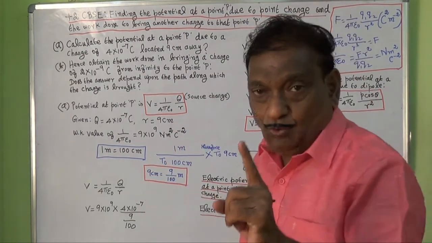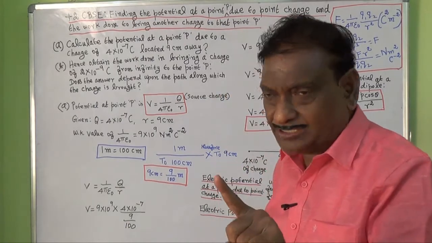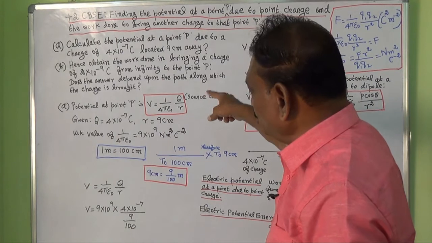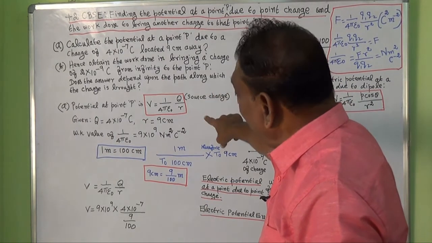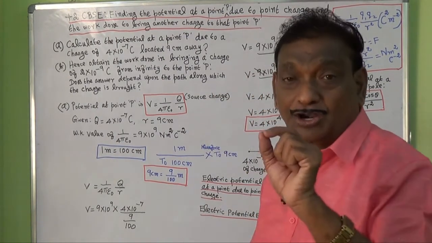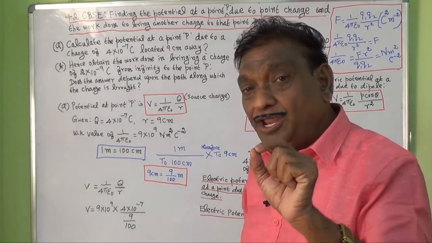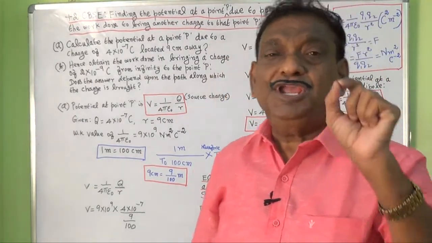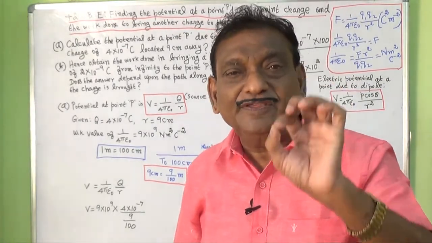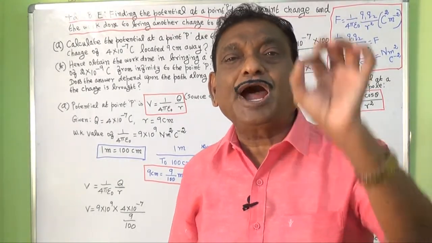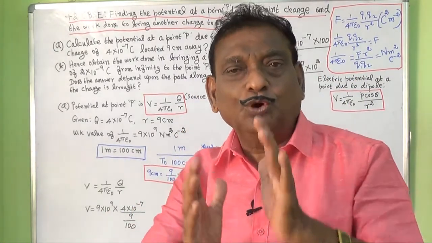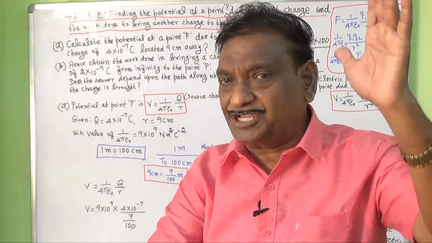One is 1 by 4 pi epsilon naught. The second is capital Q, that is source charge. And the third is the distance R. I have already explained so many times, from one equation we can find the value of only one unknown data, subject to the condition that we know the values of all other data.